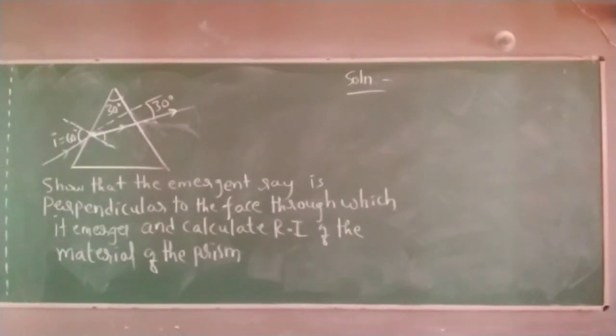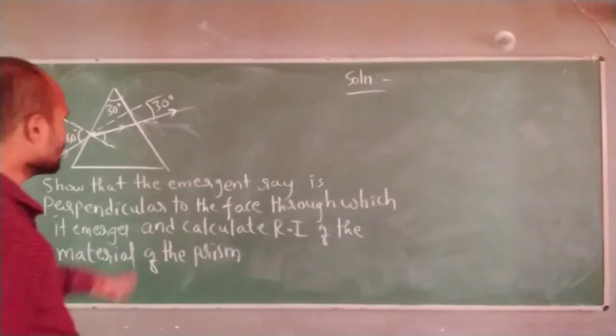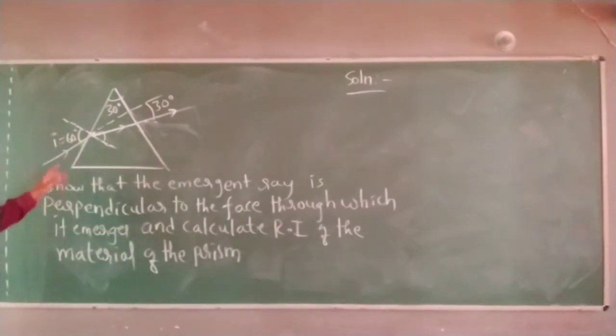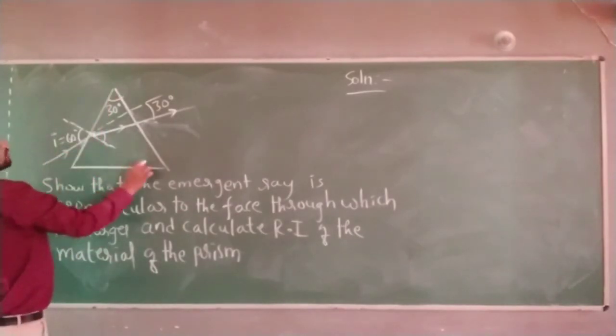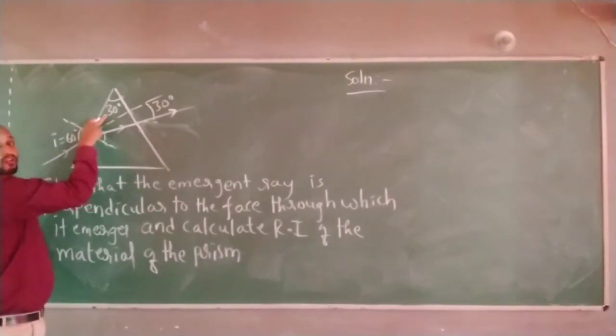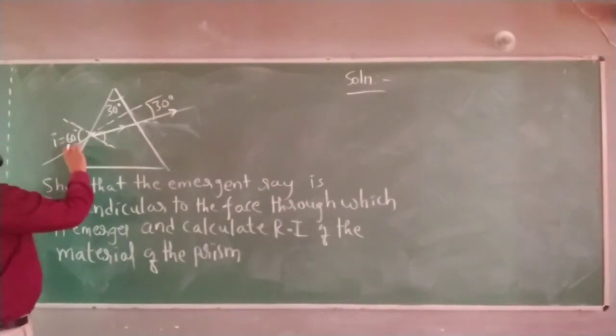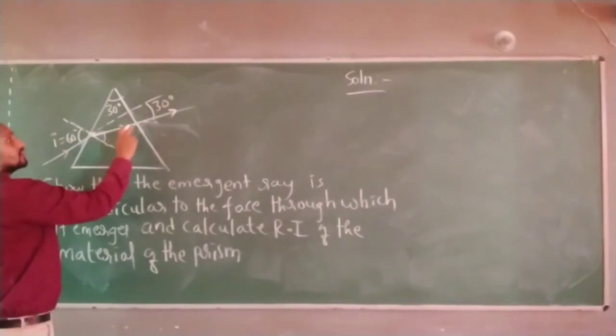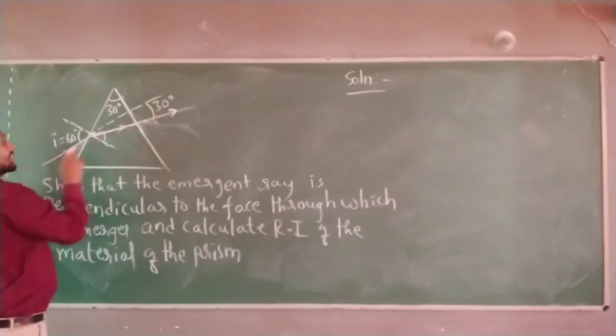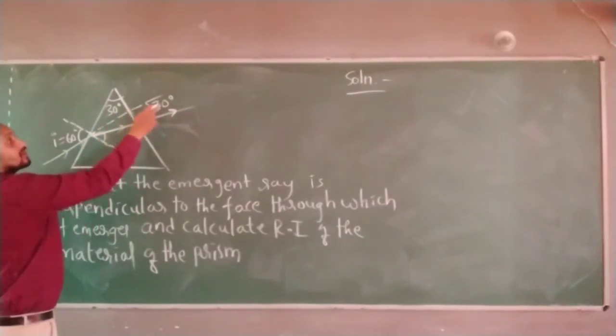One more question we have. See here, there is a condition where a prism is there having an angle of prism 30 degree, I is equal to 60 degree, and another angle is given. The angle made by the emergent ray and incident ray is 30 degree.